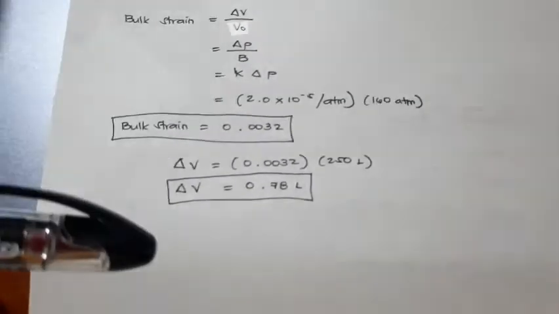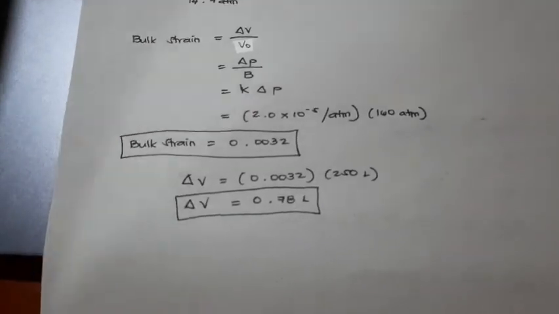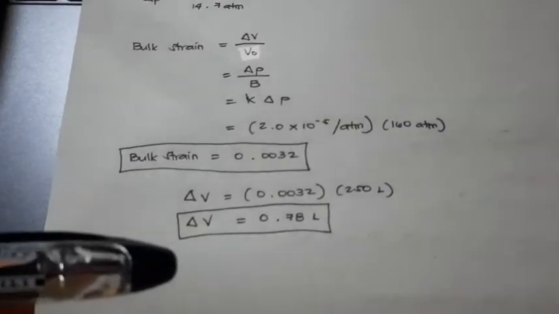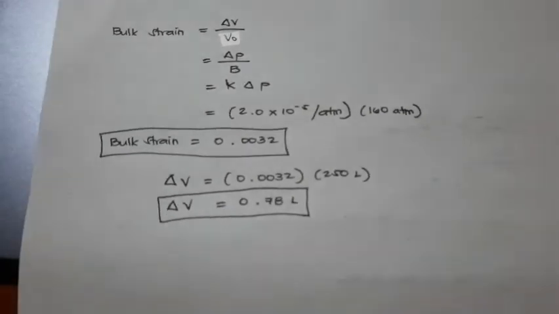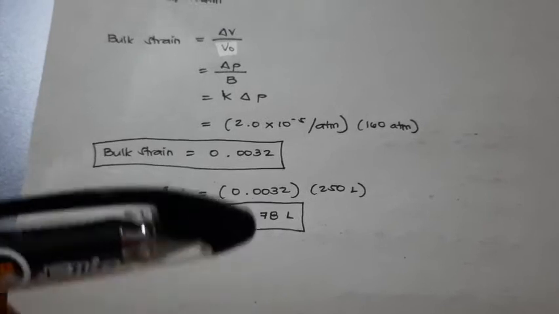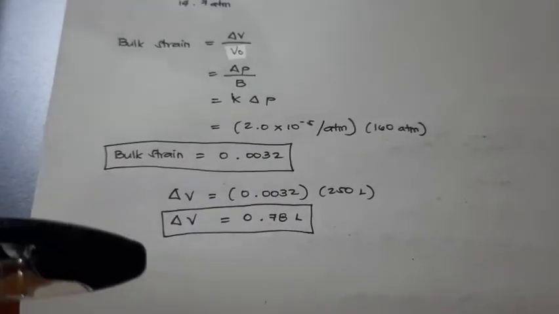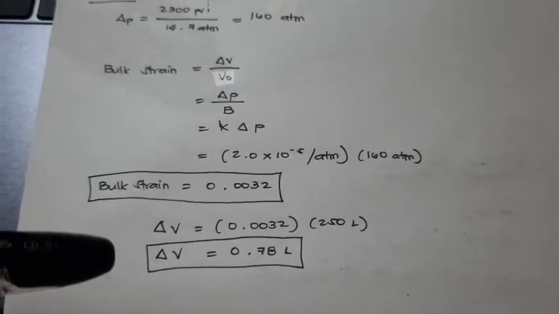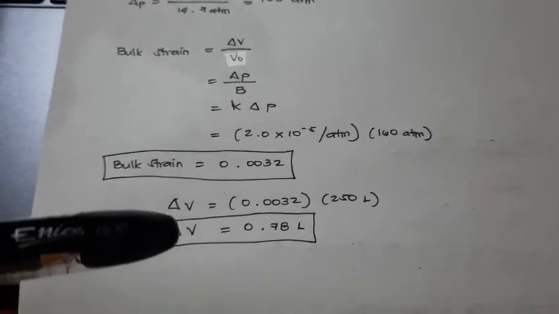And this would be the decrease in the volume of oil when the press is operating, which is equal to 0.78 liter.